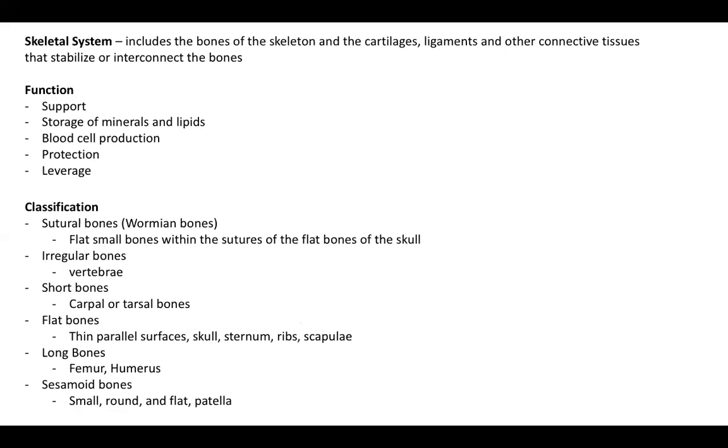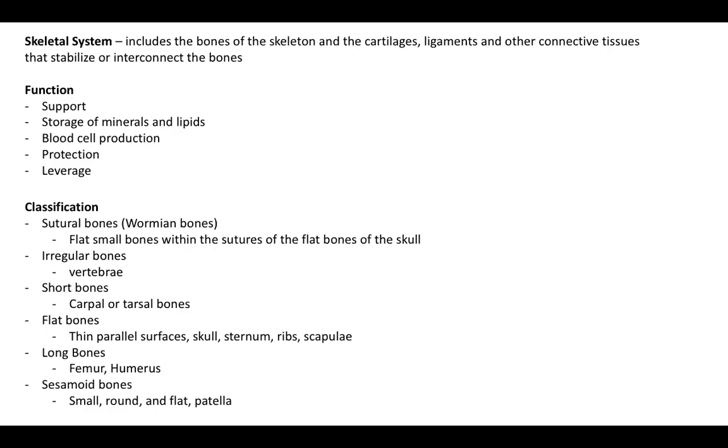So we have yellow marrow in the bone as lipids, and then we have calcium and other minerals that are stored in the bones that we can take out of the bone or deposit in the bone if we need to store it. We also have red blood cell production, and we use the skeletal system for protection. So like our rib cage can protect our internal organs, and we have our bones to use as leverage when we are moving our body and using our muscles.